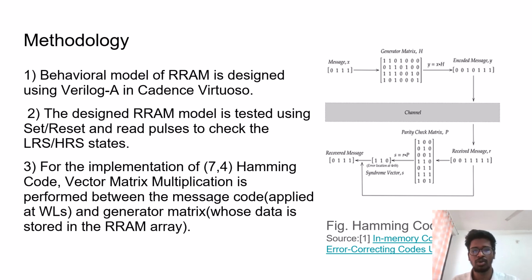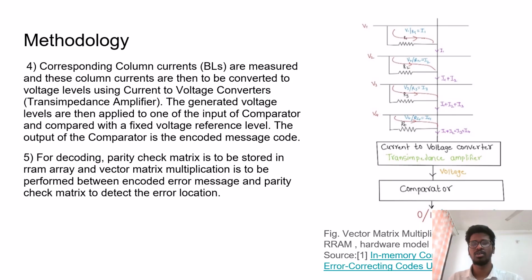After that, we implemented a 7,4 Hamming code for error correction. For this, we perform vector matrix multiplication with the input message applied to the word line, and the generator matrix which was stored in the RRAM array. Here on the right side, you can see the input message represented as V1, V2, V3, and V4.